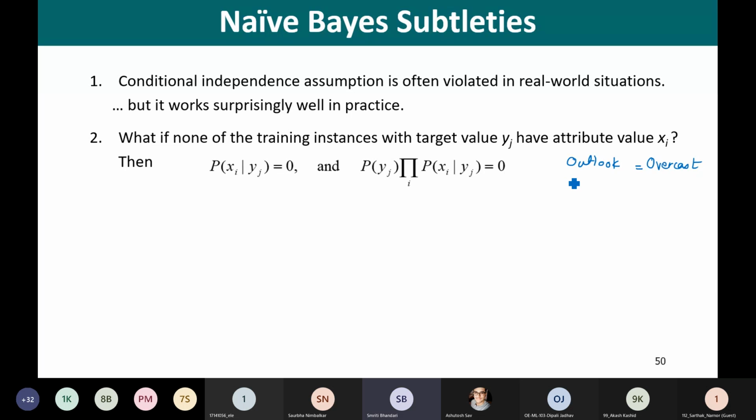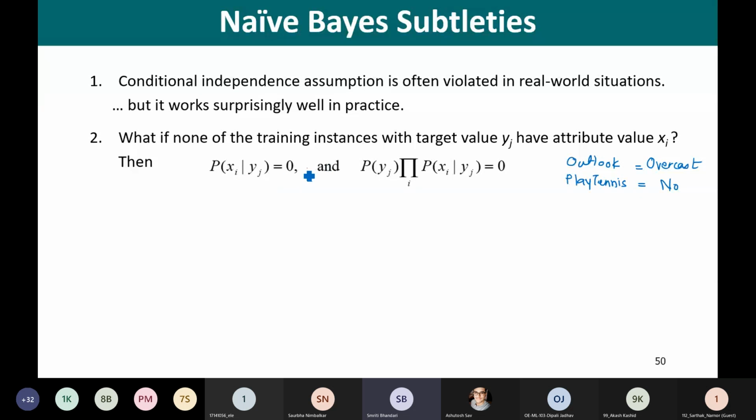In our case, for outlook equal to overcast, we do not have any instance such that play tennis value is no. Right? So obviously the number of instances for this condition is 0.